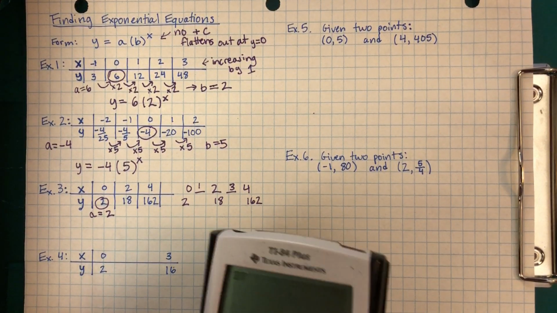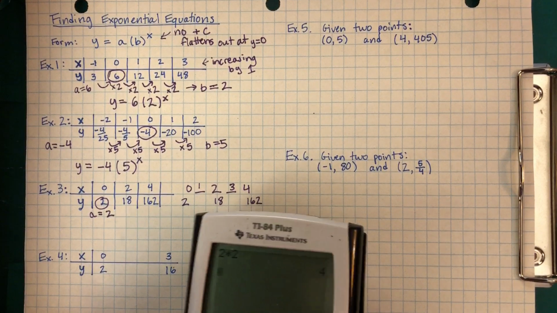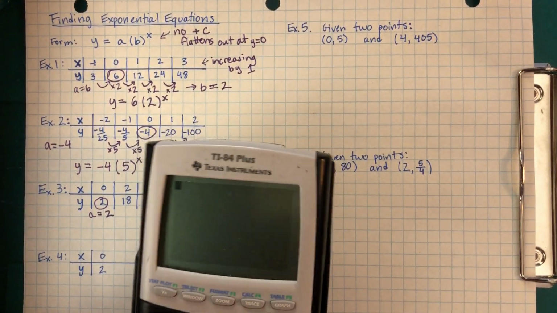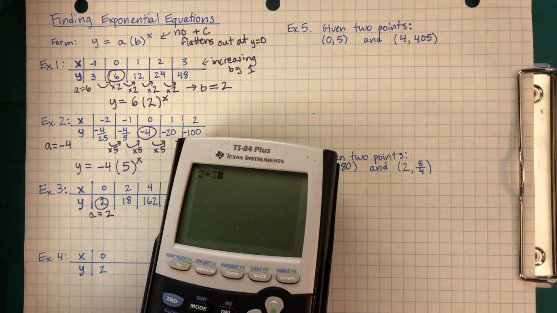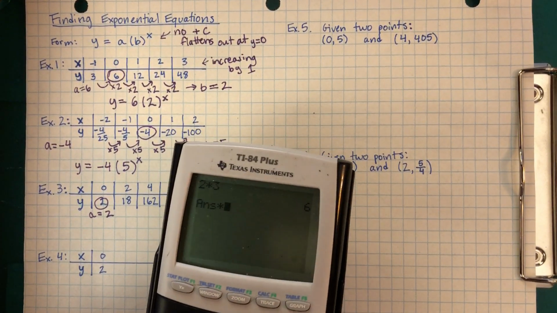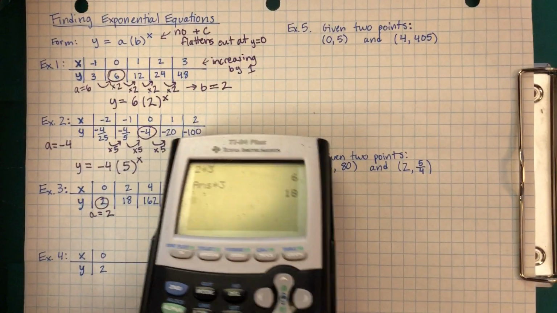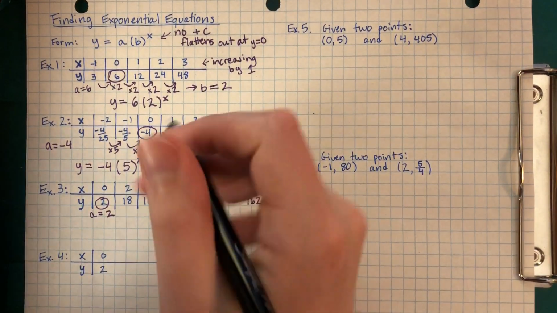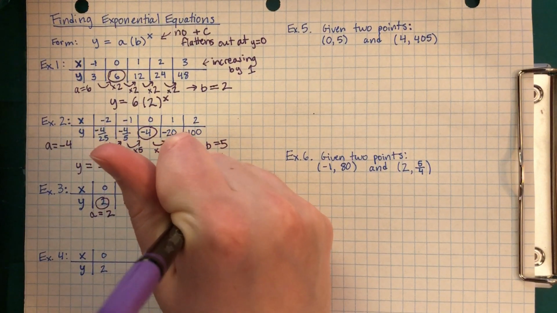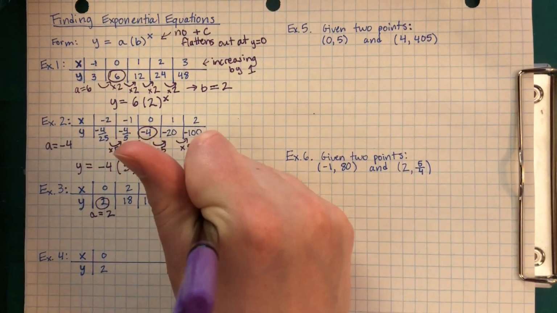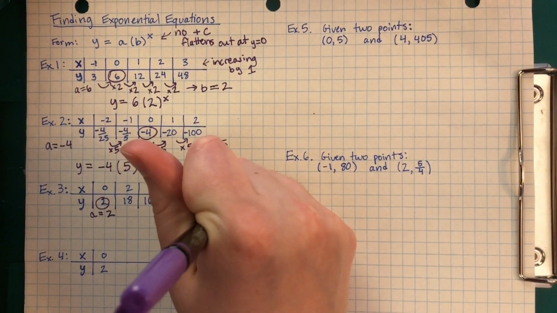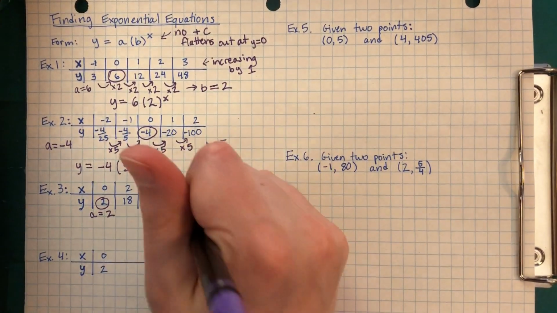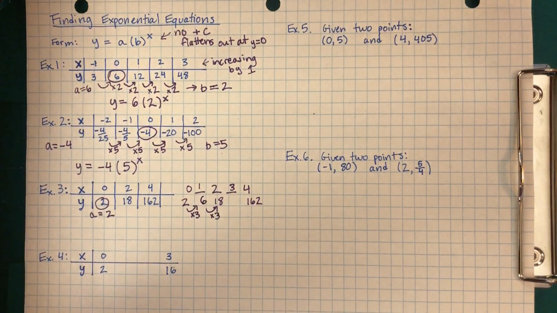So I could do 2 times 2 is 4, times 2 again is 8. Nope, we're looking for 18, right? 2 times 3 is 6, times 3 again is 18. So if I take 2 and I multiply it by 3, and then I multiply that number by 3, I do get 18. And this missing number here was 6.